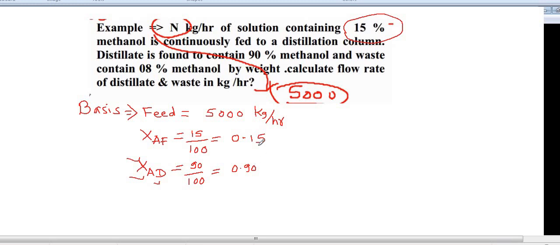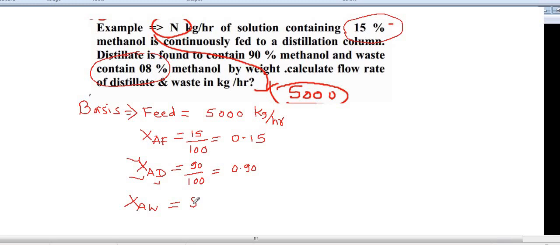What other thing have they given? They have given the composition of waste also, and that waste contains 8% methanol. So we write down this composition also, XAW. Waste contains 8% methanol.